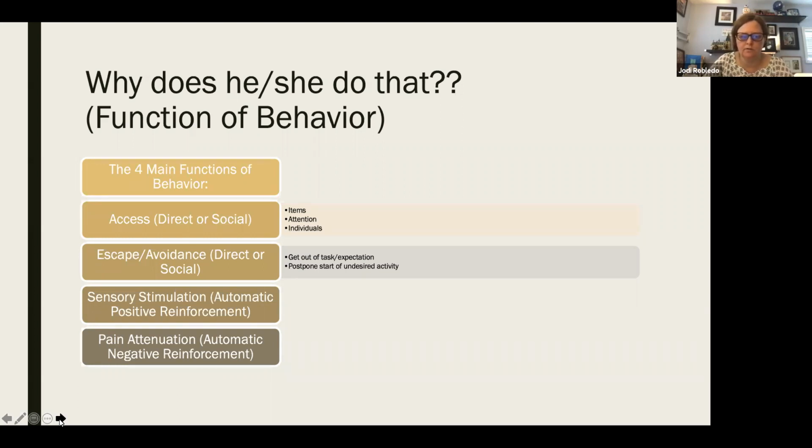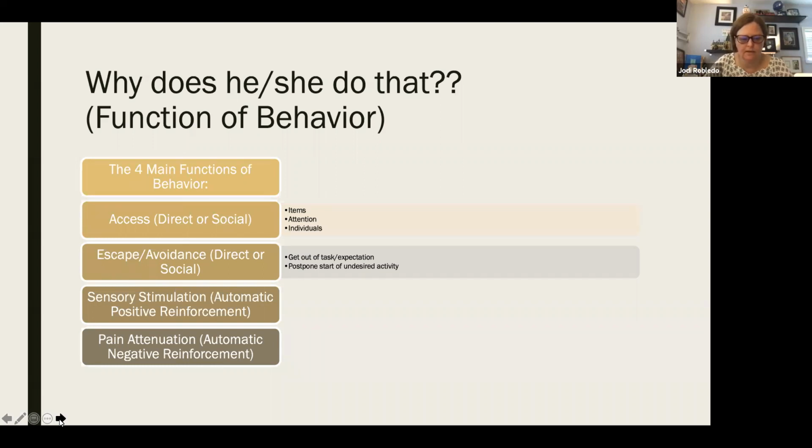For many years, it was really just those 2 functions of behavior, either access or escape. Things have been added recently, which I think is good, as we're understanding more kids with disabilities. So the third category is sensory stimulation, also known as automatic positive reinforcement. So behaviors are occurring because of sensory stimulation.